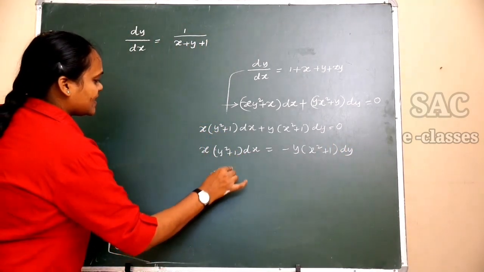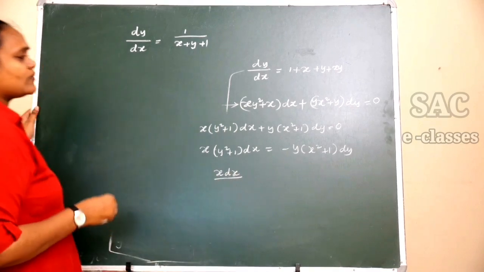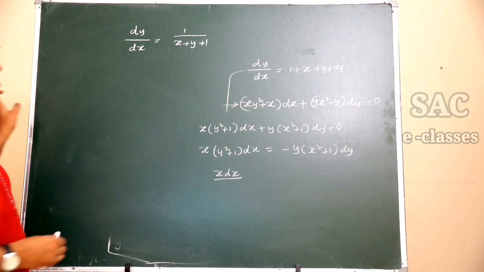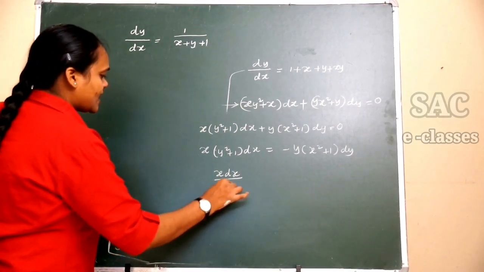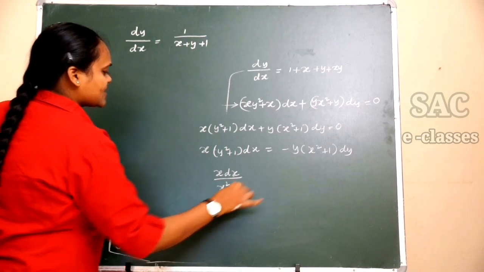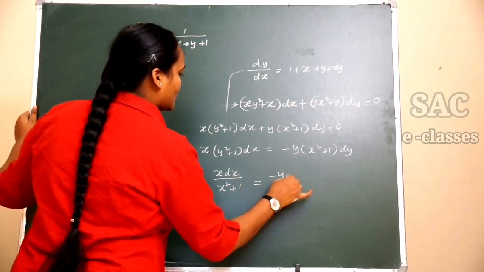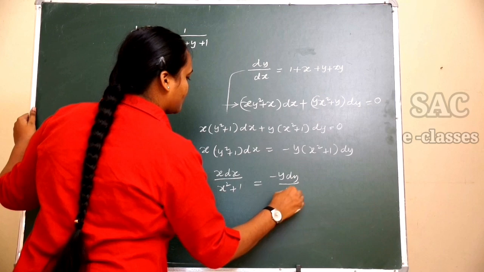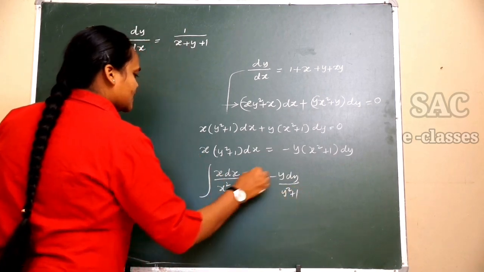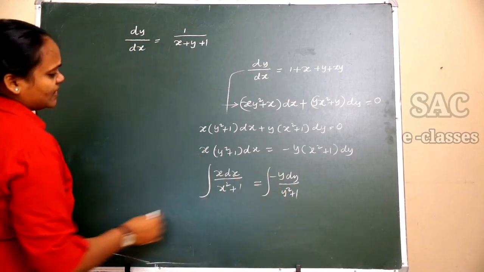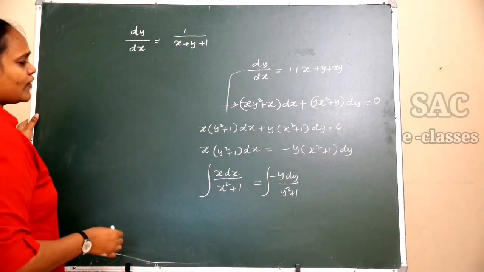So x dx, is it possible to write the x terms on the dx side? Yes, it is possible. x dx by x square plus 1, and in the same way minus y dy by y square plus 1. Apply the integration, but it seems to be not in the log form.